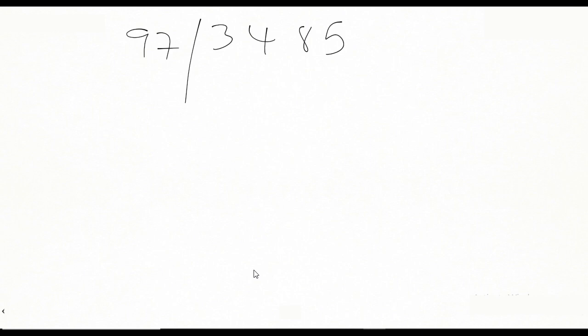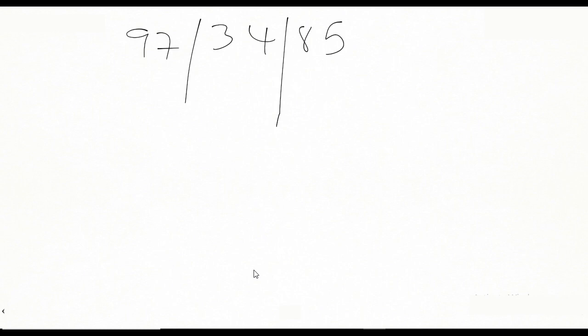Let's take up one more example, that is 97 dividing 3 4 8 5. So again we have to divide the dividend into two parts. So we are dividing between 4 and 8.